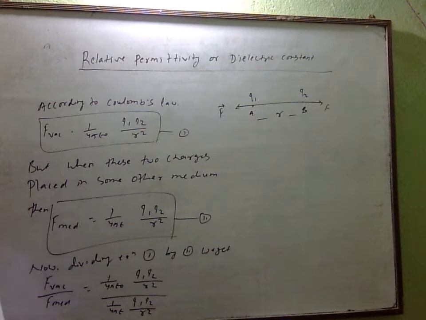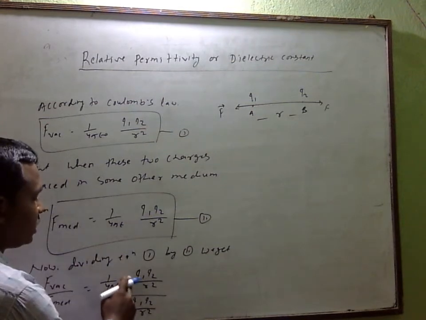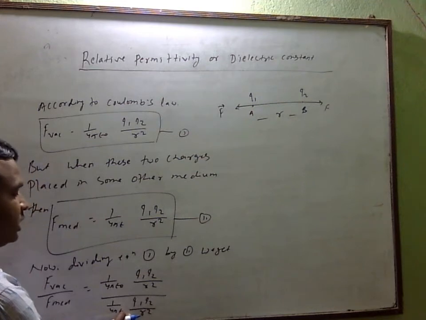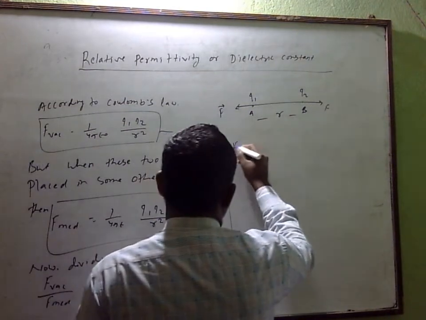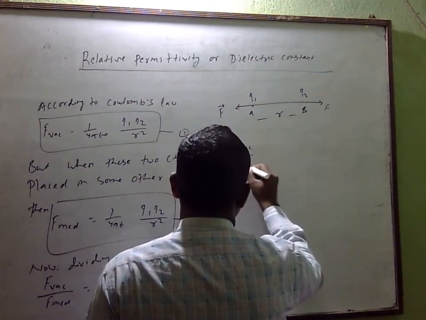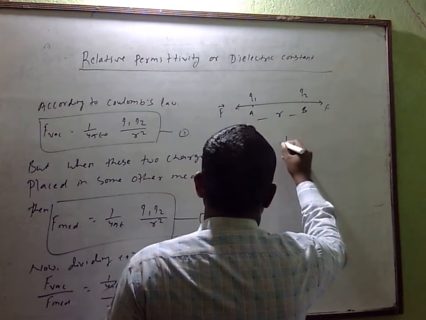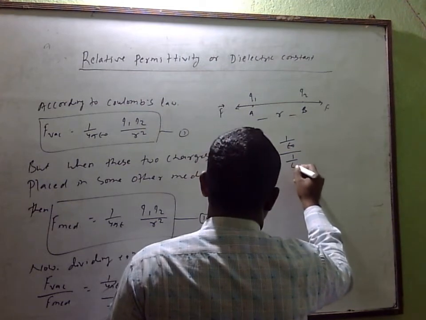Very good. You see that the numerator and denominator terms are the same, so you can cancel them out. 4 pi and 4 pi we can also cancel out. Then we have F vacuum by F medium equal to 1 by epsilon naught divided by 1 by epsilon.